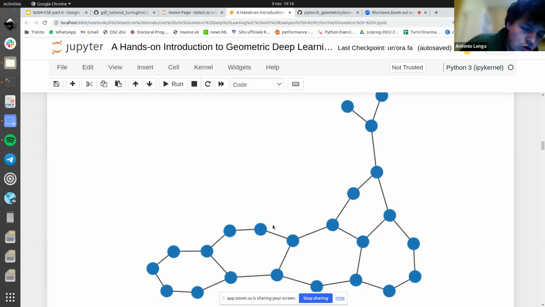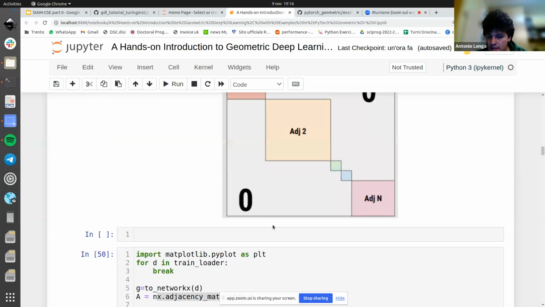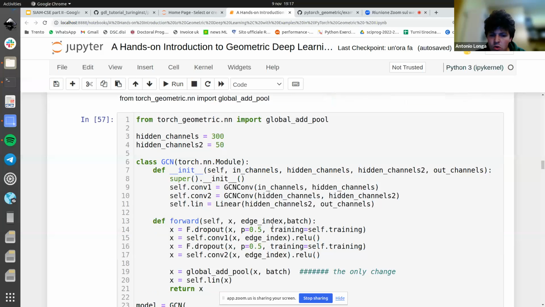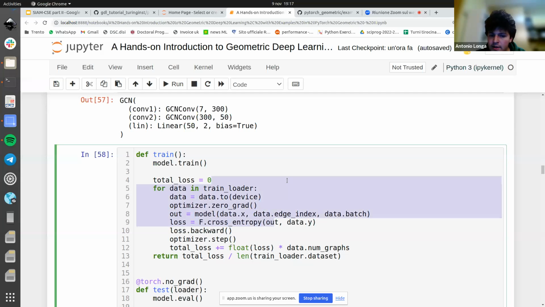What we are trying to do is a complex task, and even in the literature for this type of problem, low accuracy is still achieved. I don't know right now what the state of the art for MUTAG is, but I don't believe it's too high.